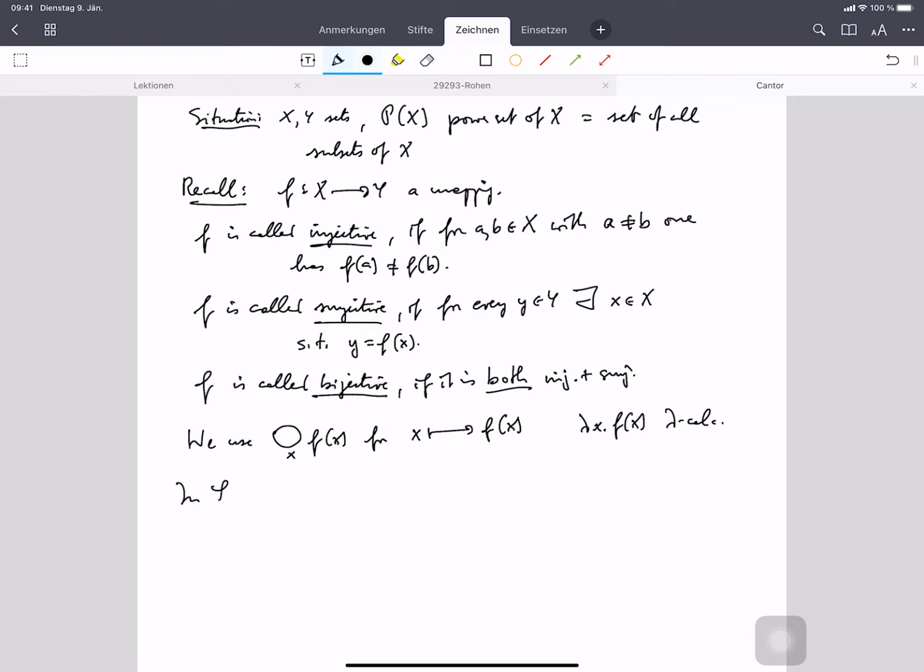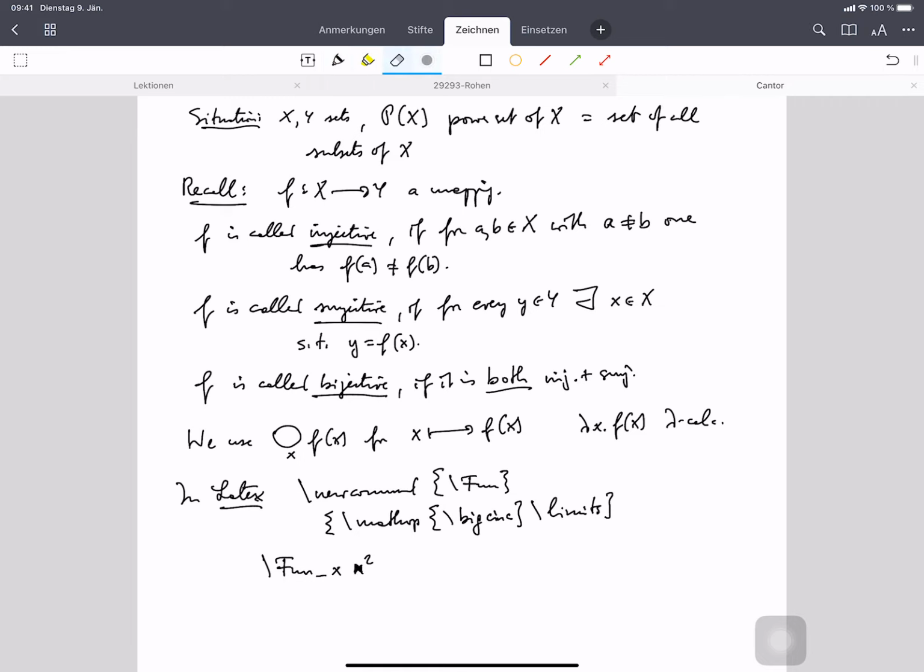In LaTeX you may define a new command, fun, with mathop, big circ, limits, and then write, for example, fun x of x square.